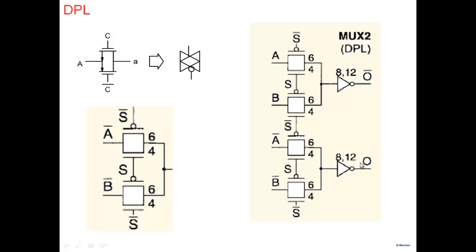So this is nothing but a mux, a 2-input mux. S is a control signal. Depending on the value of S, if S is 0, you can verify, what do you get? O. And if S is 1, you may get the other input here. So this is a 2-input mux. And it goes by the name of double pass transistor logic, DPL.